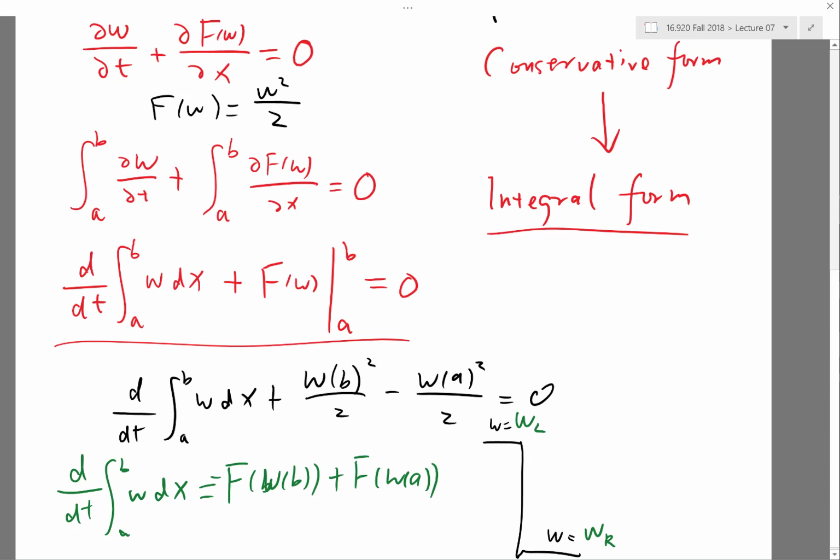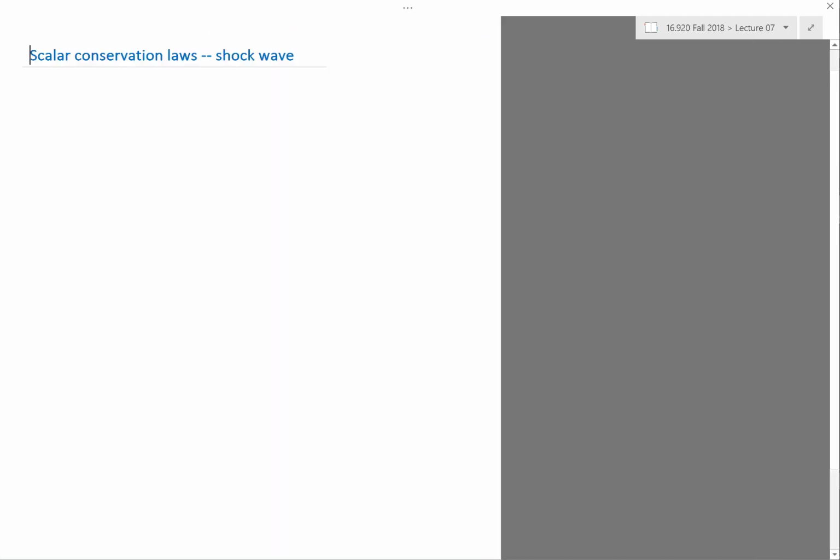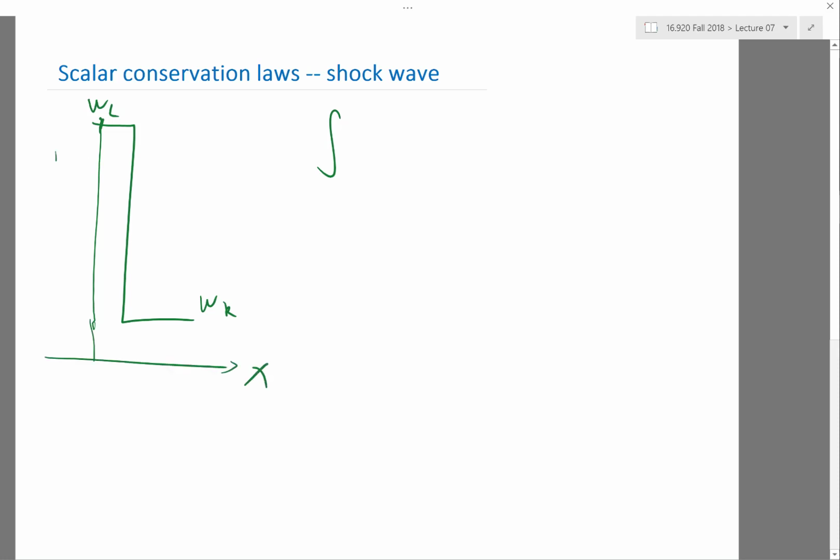Let's look at WL, WR, and choose a point A. So this is X, this is W, this is A, this is B, and the integral over A and B of W, which is the area underneath the curve.